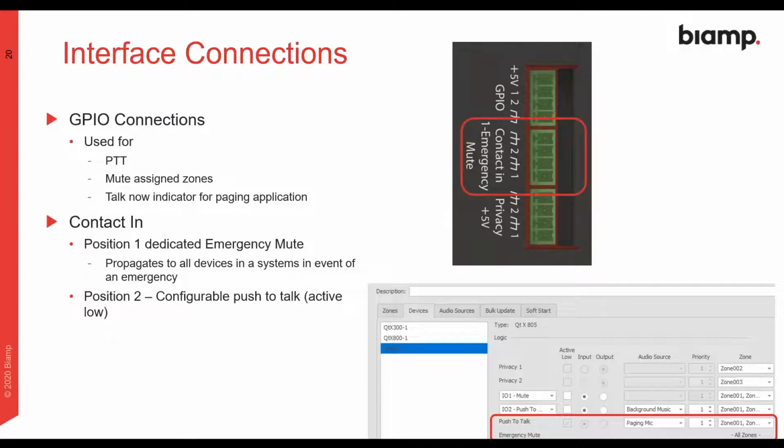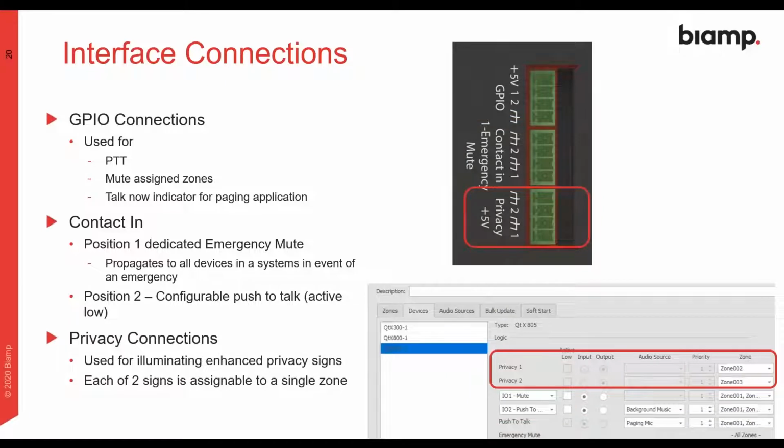So good to note, you could support multiple contact closures if you needed to. If you had a mic pad type paging microphone and you wanted to utilize the same microphone and have 2 different pagings, you could do that. Have button 1 page to certain zones and button 2 page to other zones. You could set that up.